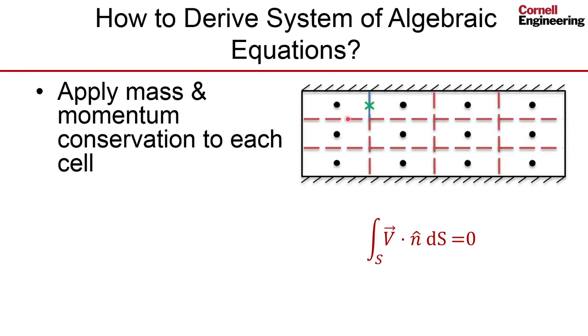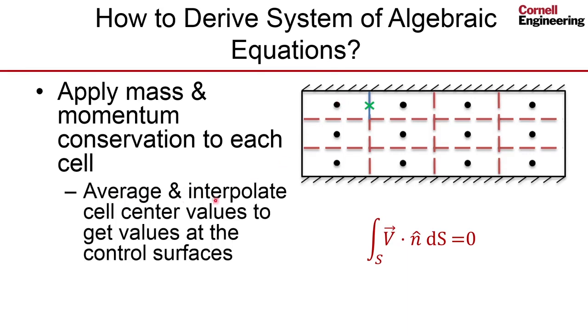So I add up these four contributions and set it to 0, and that's my algebraic equation for mass conservation. Similarly, I have to do it for x momentum and y momentum, so I'll get 3 discrete or algebraic equations per cell, and I'll have a total of 36 equations because I have 12 cells. So 36 equations, 36 unknowns.